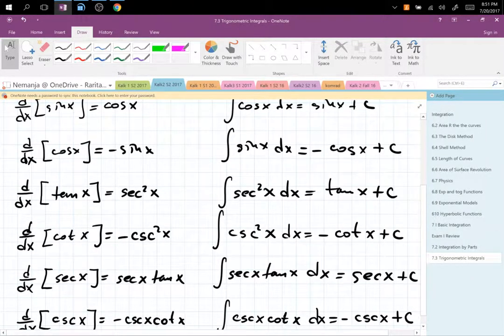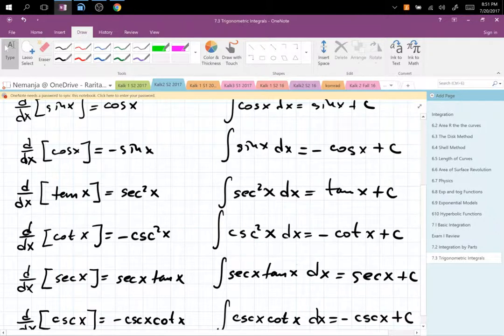If you look at these carefully, you are going to see patterns. If you don't know these yet, you must know them by Monday. And these formulas are extremely symmetric. Sine goes to cosine, cosine goes to negative sine, but sines and cosines are together. Here are your tangent, secant pairs, and then cotangent, cosecant. Now look: tangent, cotangent, secant squared, cosecant squared, right?